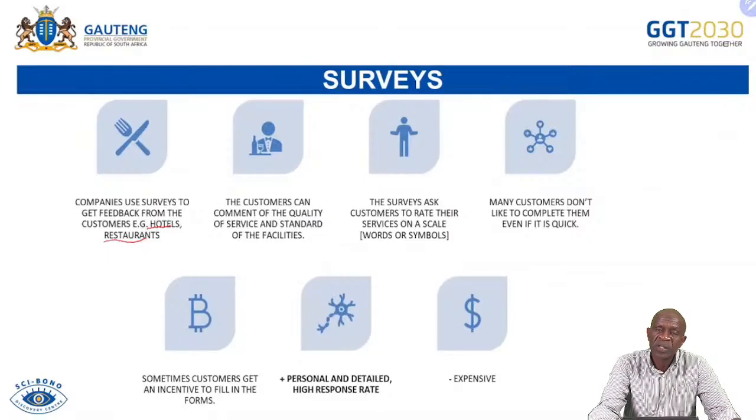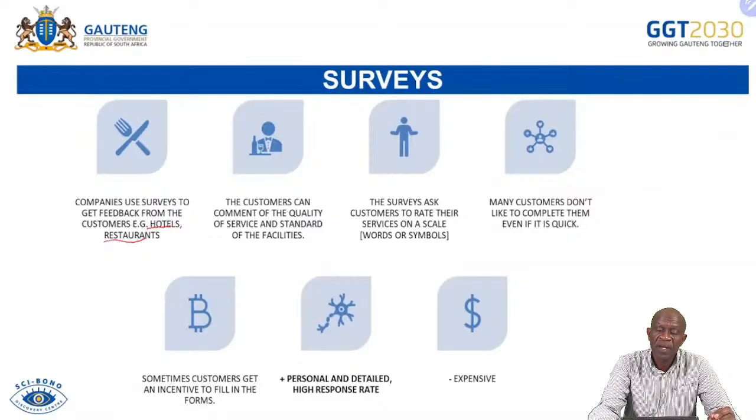So they use those scales, or they may use words such as good, fair, excellent. And nowadays they can use emojis. I'm sure you are well familiar with them. There is an emoji for showing sadness that the service was pathetic, an emoji with a smile indicating customer satisfaction.